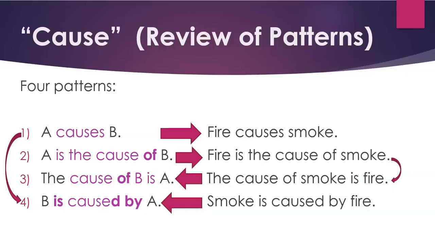Now, if we look at these in terms of the meaning, number 1 and number 4 mean basically the same thing. Number 2 and number 3 mean the same thing. The difference is the focus of the sentence. In some cases, the focus is on the smoke, and in some cases, the focus is on the fire.